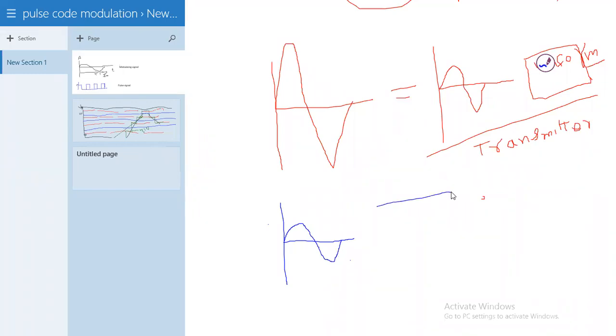Then we can process that signal through the expander, or expansion.